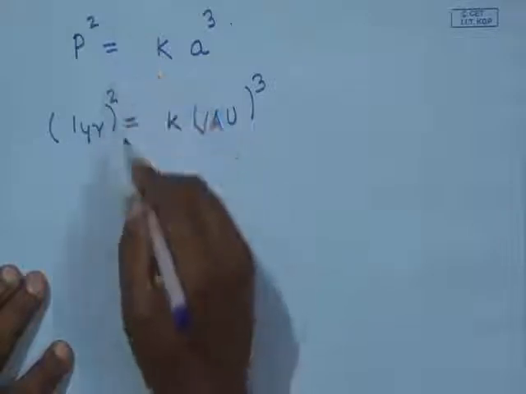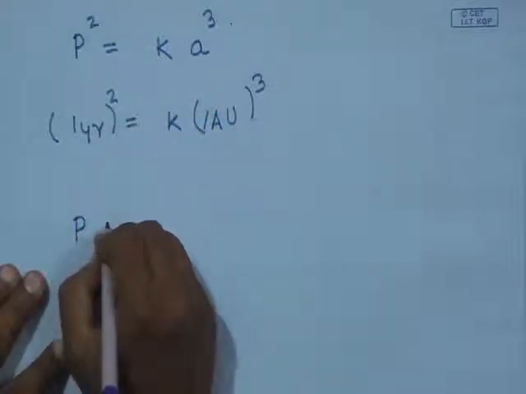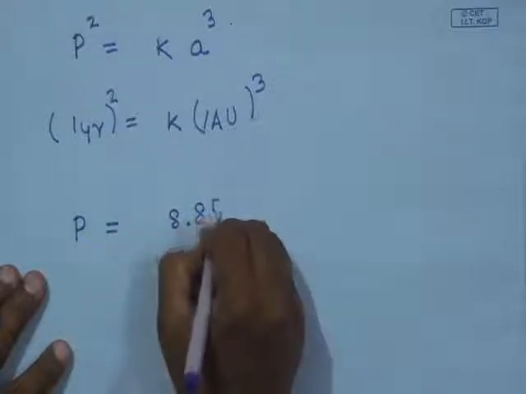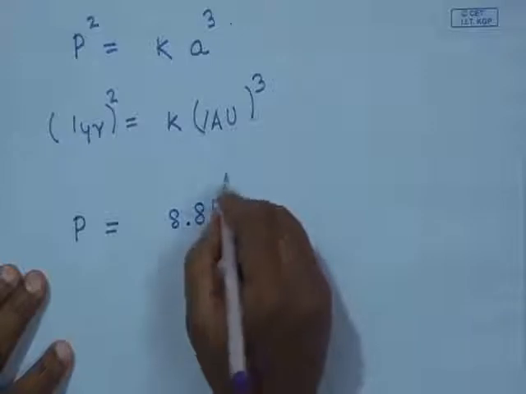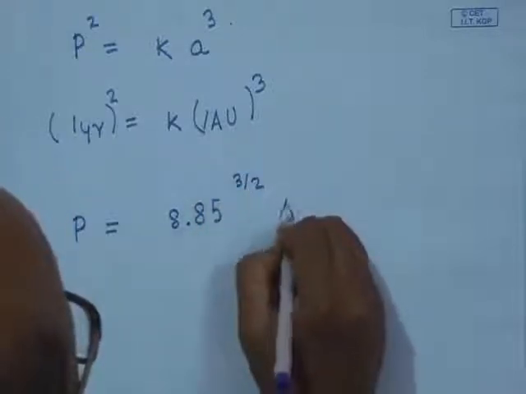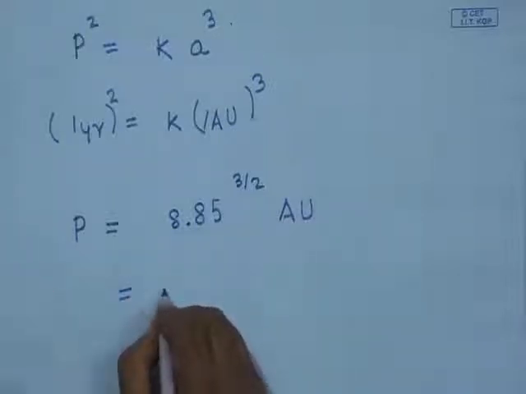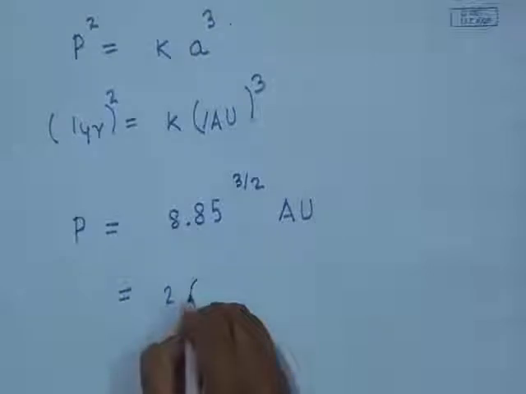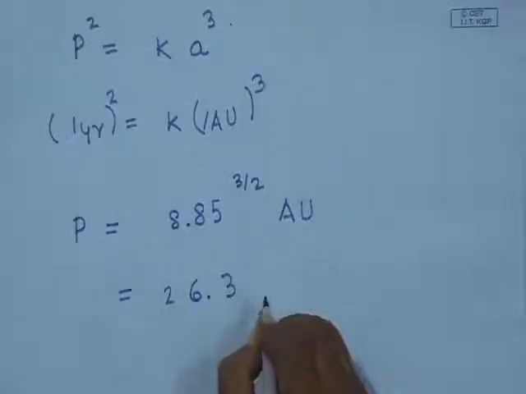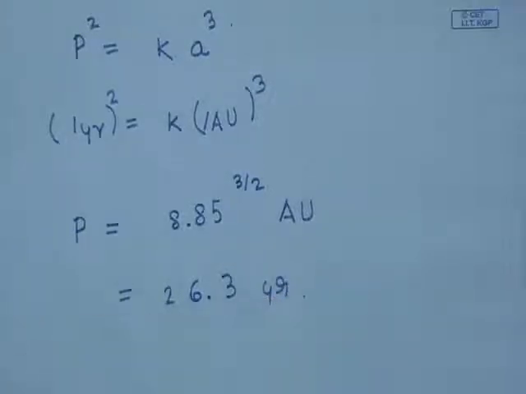So, just taking the ratio gives us that the period is equal to 8.85 to the power of 3/2 in astronomical units, and this comes out to be 26.3 years. That is the period of this orbit.